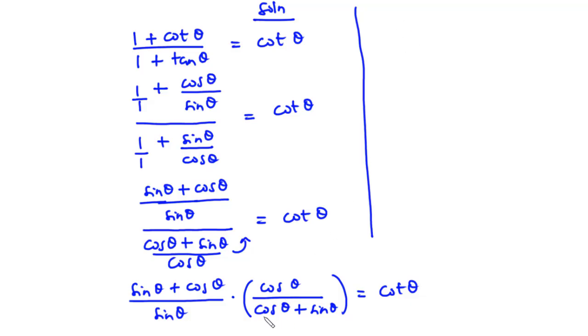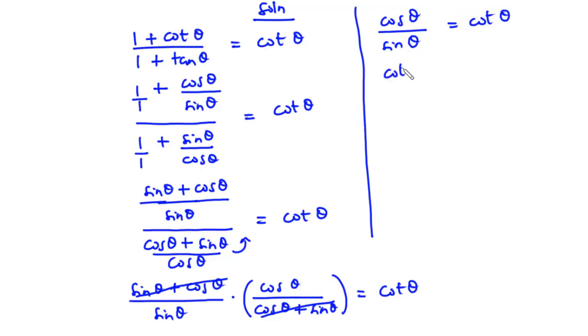So we have cos theta plus sin theta, cancelling out sin theta plus cos theta. We know addition is commutative, so a plus b is equal to b plus a. So if that happens, then we have cos theta divided by sin theta equals cot theta. And then we all know that cos theta divided by sin theta is equal to cot theta. That is what we did here.